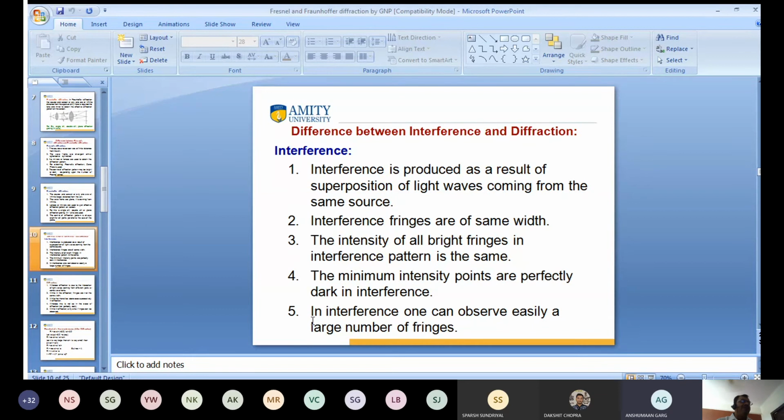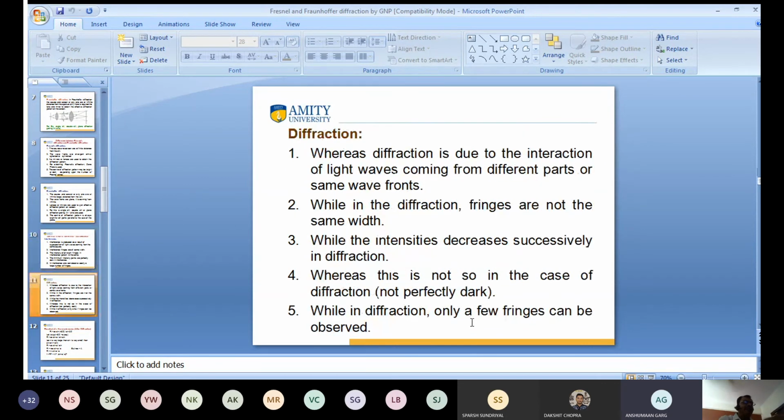Fifth, in interference a large number of fringes are observed, but in diffraction very few fringes are observed. So this is a very important difference between interference and diffraction.